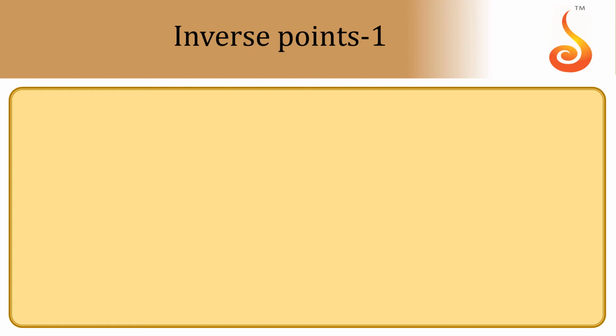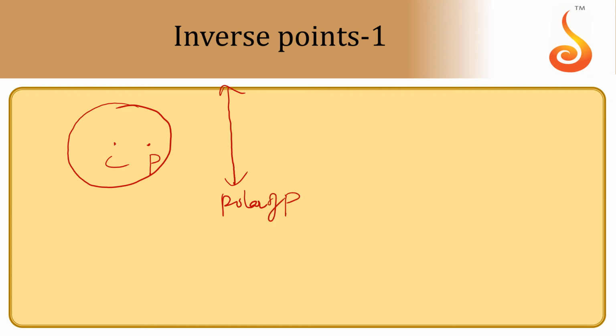Next, inverse points. So what is an inverse point? Suppose there is a circle with center C, and let P be a point for which this is the polar of P. Then join CP and extend it to cut the polar.